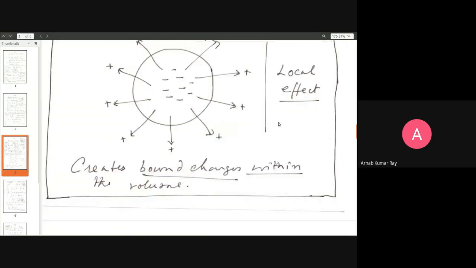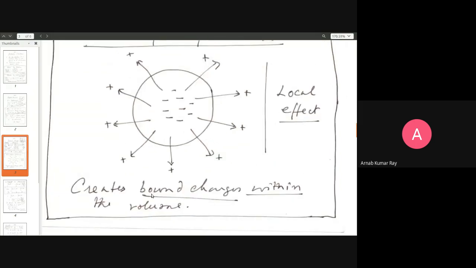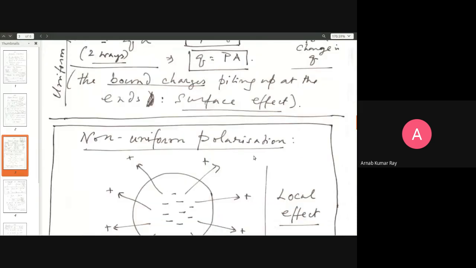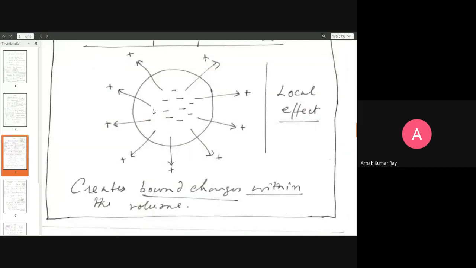It's a local effect and, as I've written over here, creates bound charges within the volume. Earlier, the bound charges were on the surface of the material at the plus end and the minus end, on the two exposed surfaces. But here, these negative charges are now within the bulk of the material. There is no exposed surface, so to speak.